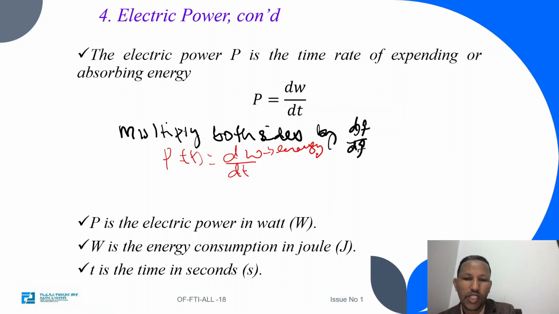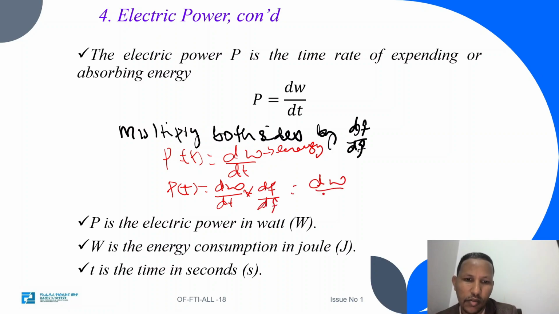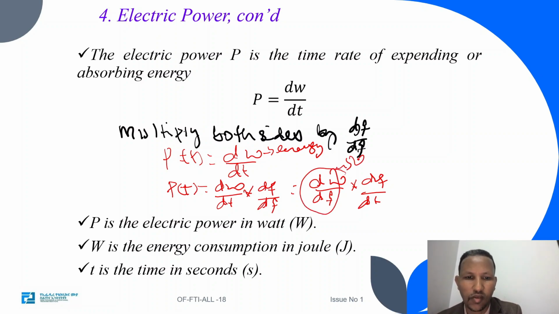Let's multiply both sides by dq by dq. P of t equals dw by dt times dq by dq. So you have dw by dq times dq by dt. This expression is voltage, and this one is current.